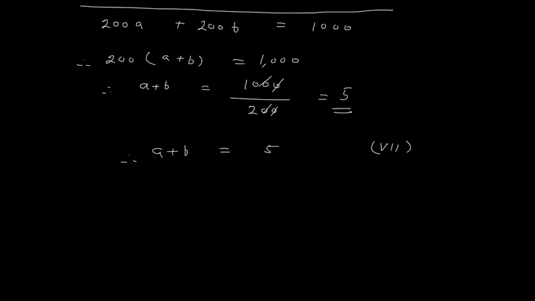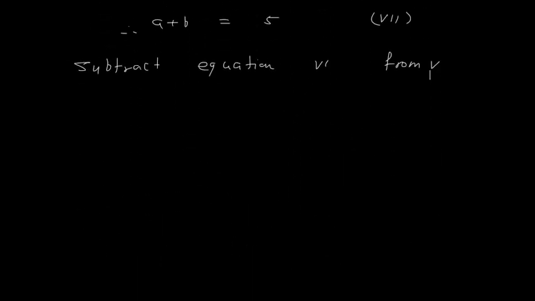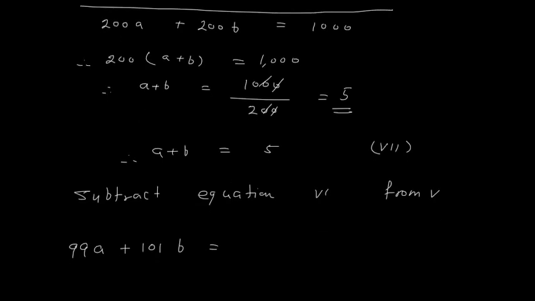Now subtract equation 6 from 5. So first we write equation 5, 99a plus 101b is equal to 499, and here it is 101a plus 99b is equal to 501.